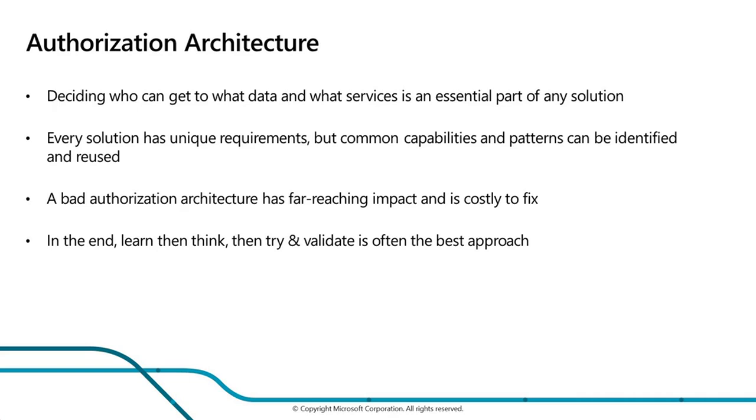It will have an impact on visibility, if it's impossible to tell just by looking at the row who has access to it. So there are a lot of examples here where a bad authorization architecture will provide a bad experience and a costly solution to maintain.